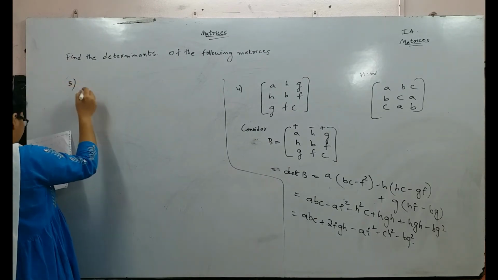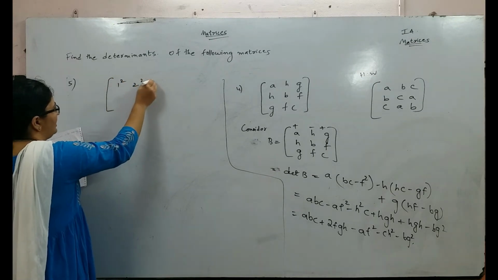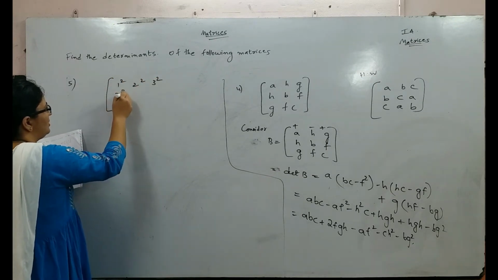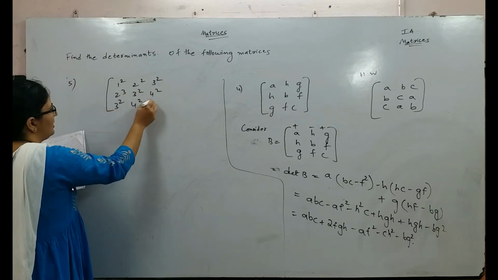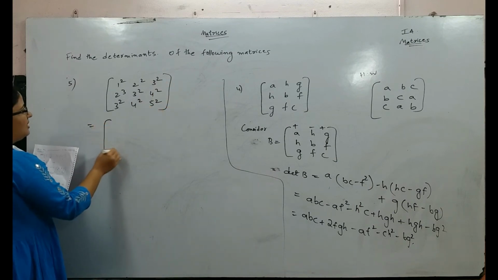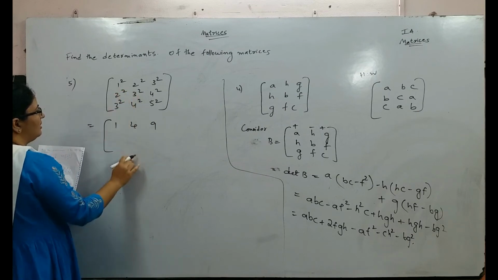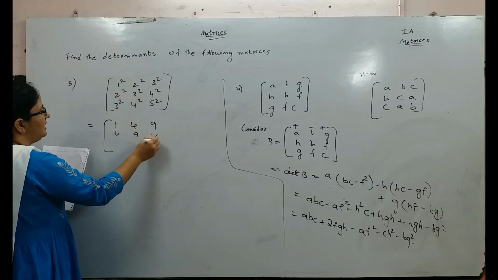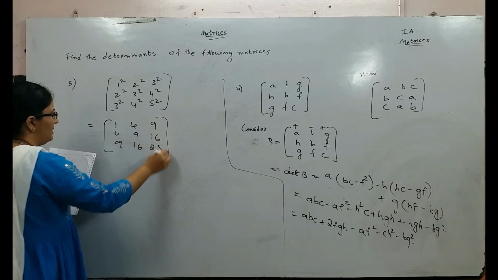Fifth one, 1 square, 2 square, 3 square, 2 square, 3 square, 4 square, 3 square, 4 square, 5 square. So this can be written as 1, 4, 9, 4, 9, 16, 9, 16, 25. This is what you have.